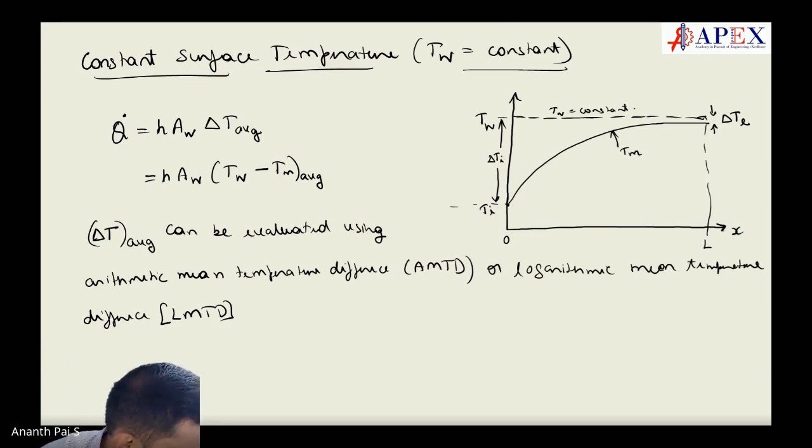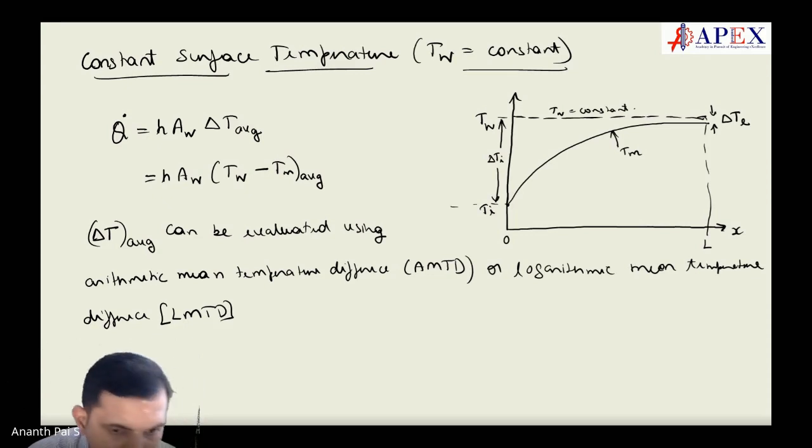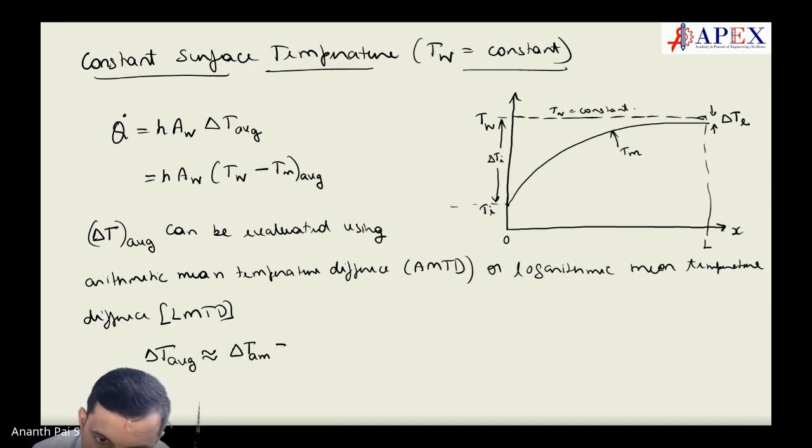What is arithmetic mean temperature difference? Let us see. AMTD: delta T average is almost equal to, it's approximate, keep in mind it's approximate, delta T arithmetic mean, which can be written as delta Ti plus delta Te divided by 2.